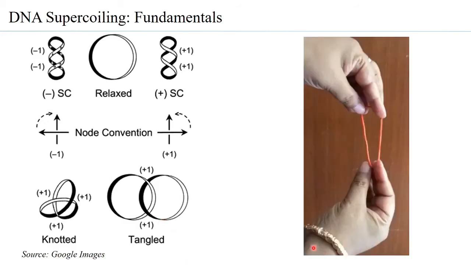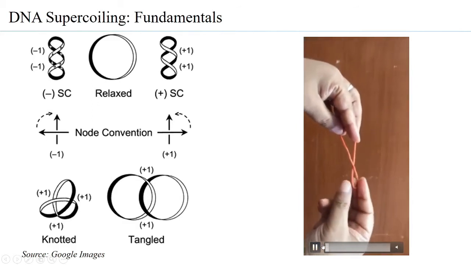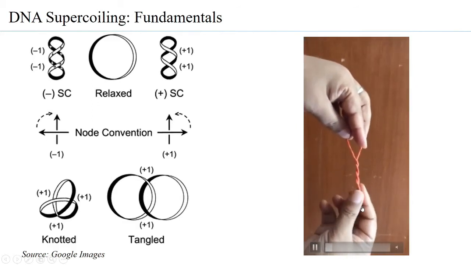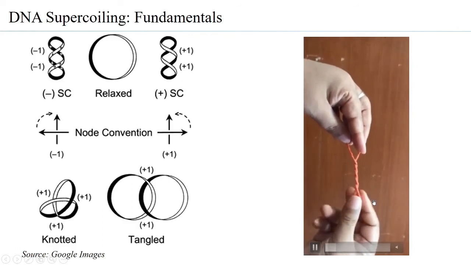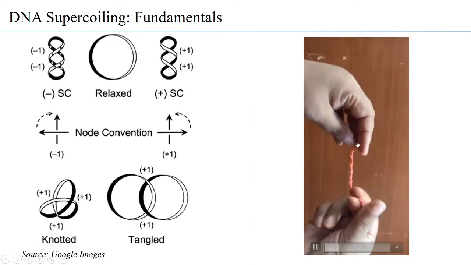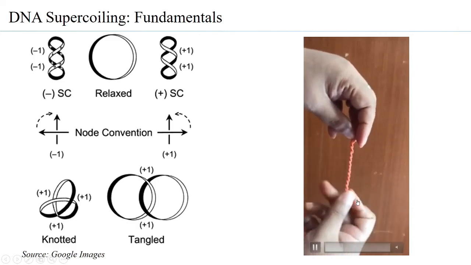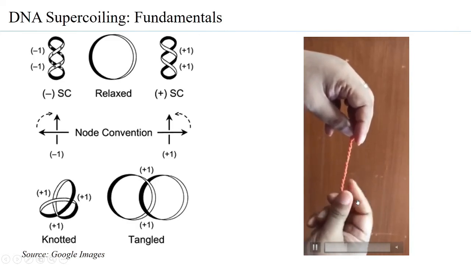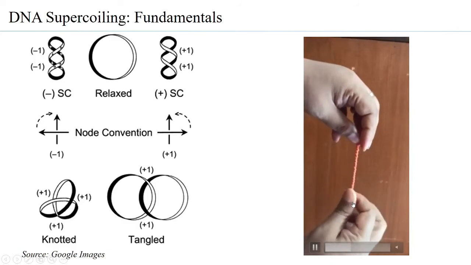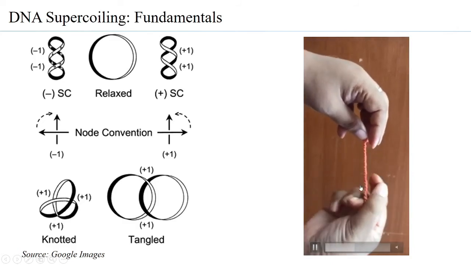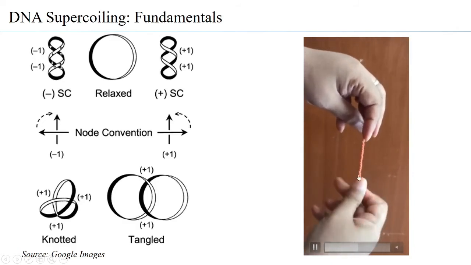Now just let's consider that it is a rubber band, okay? So what we are trying to show is that a rubber band is a closed circular DNA, and say you hold the rubber band, and from one end, if you begin to twist, now believe it, when you start twisting, you will feel a pressure that stops you from twisting it further.